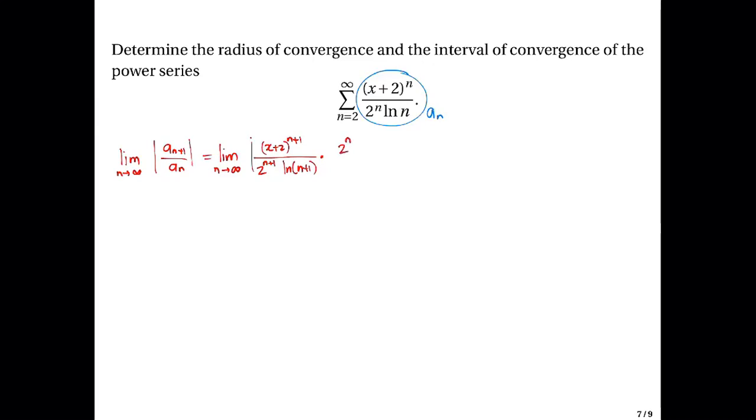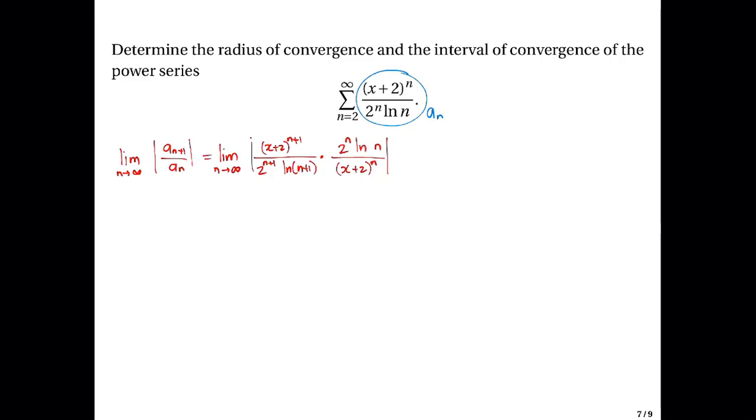You have 2 to the n ln of n divided by x plus 2 raised to n. And just like before, 2 to the n will cancel the 2 to the n in here. We'll be left with 2. In here, we'll cancel x plus 2 to the n with this, and we will be left with x plus 2.